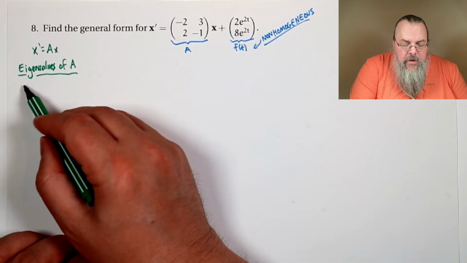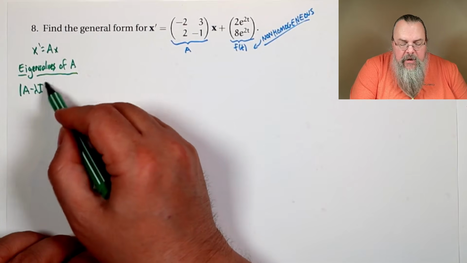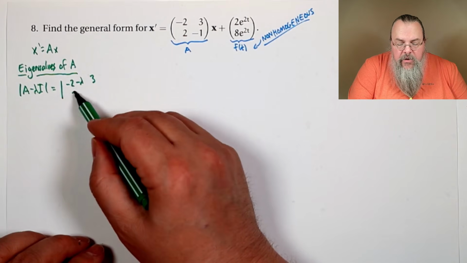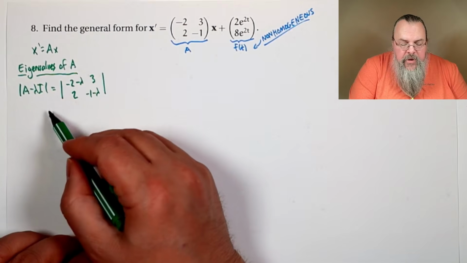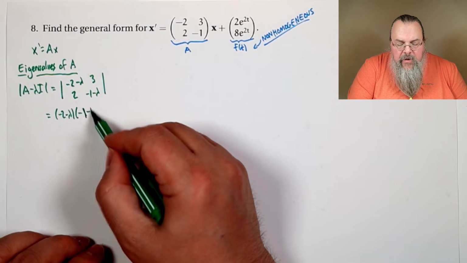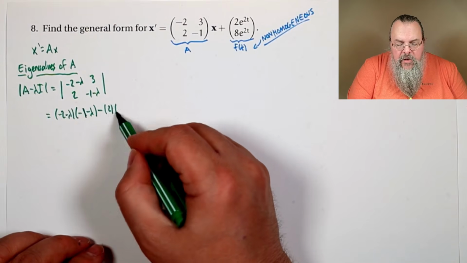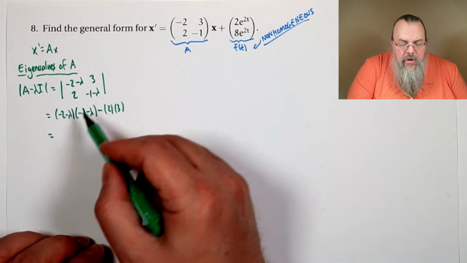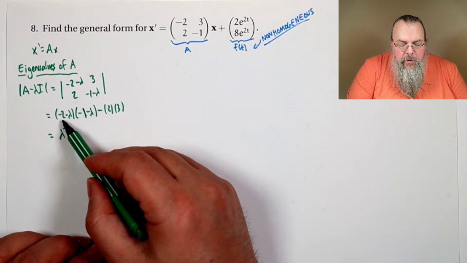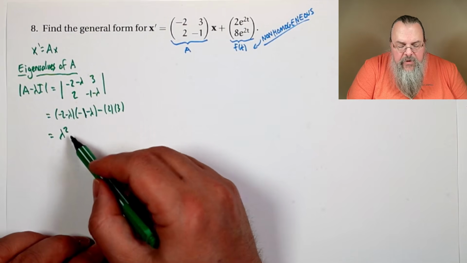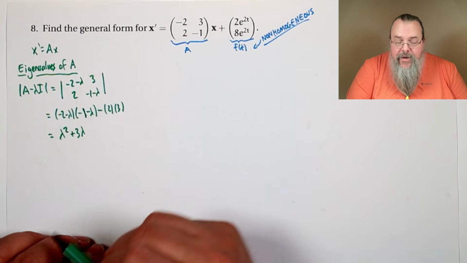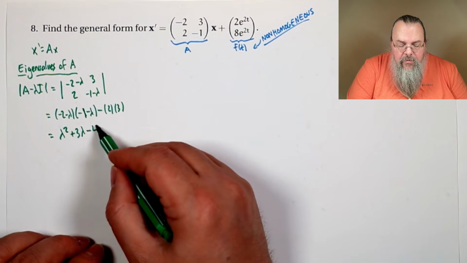All right, well, we're taking the determinant of A minus lambda I. Minus 2 minus lambda, 3, 2, minus 1 minus lambda, and so that's minus 2 minus lambda times minus 1 minus lambda, subtract 2 times 3. And, all right, well, that's lambda squared. And then what? Well, we have a plus 2 lambda plus the lambda, so that's plus 3 lambda plus 2, and minus 6, minus 4.